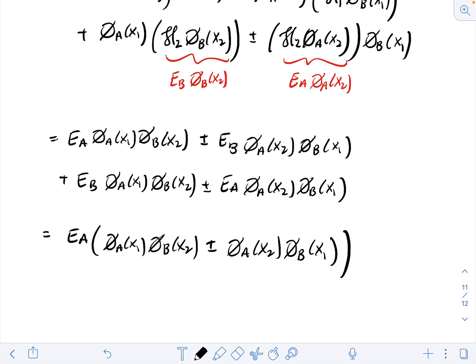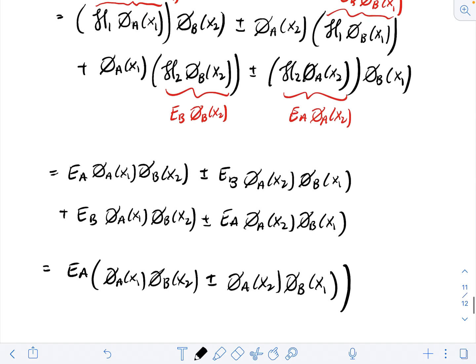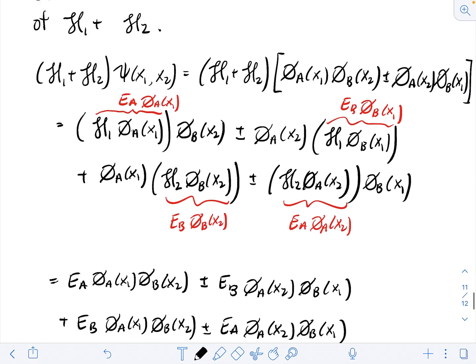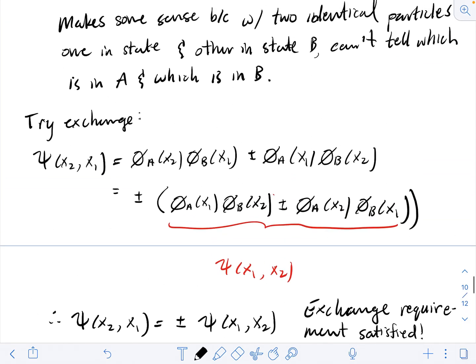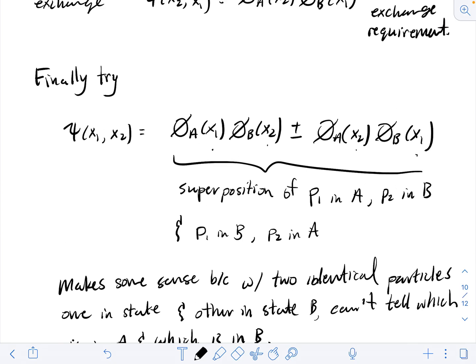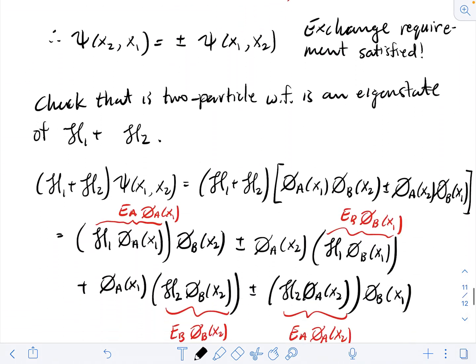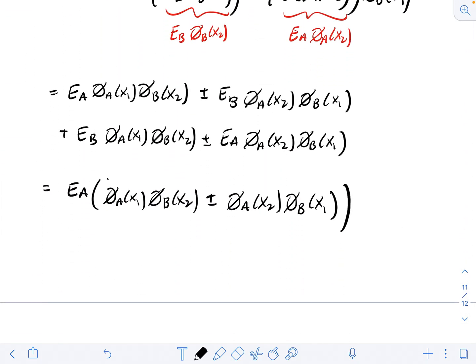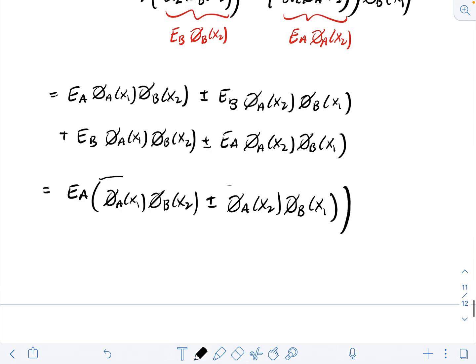But if you look at what we have in the brackets here, a x1 b x2, a x2 b x1, that was just the original trial wave function. So that's phi x1 x2. And so what we have here, let's make a better brace than that, is phi x1 x2.